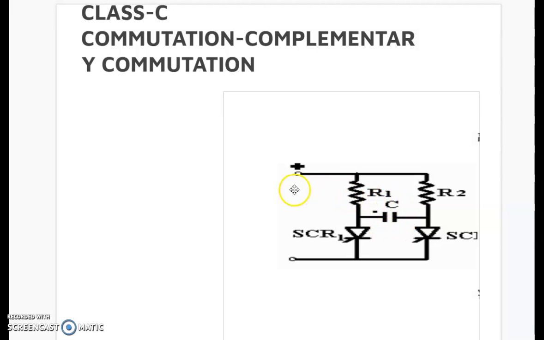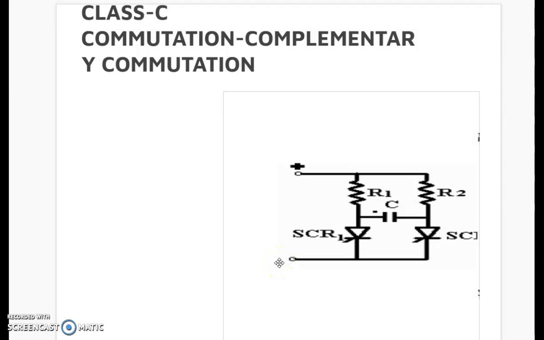When the input supply is first given, it flows from the positive side to R1. Let us consider that in SCR2 the gate pulse is given, and in SCR1 the gate pulse is not given. So the current will flow from the positive end via R1 through the capacitor, charging the capacitor, then it will flow via the SCR and go back to the negative end.